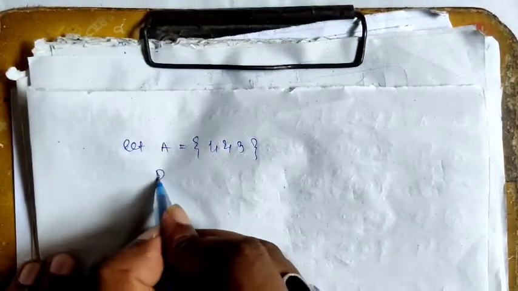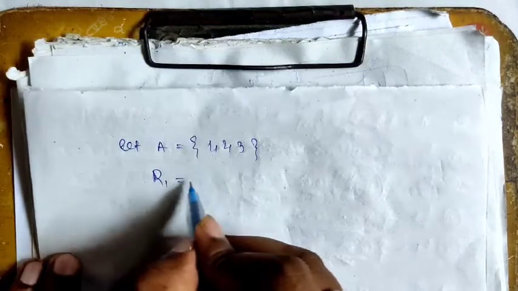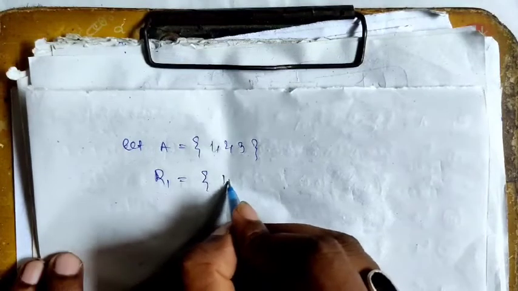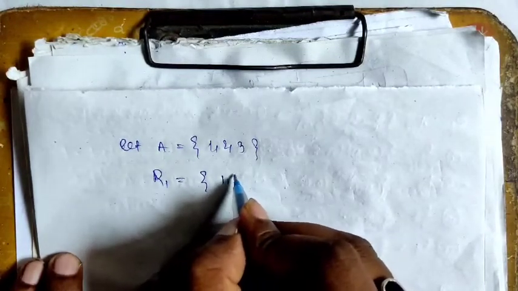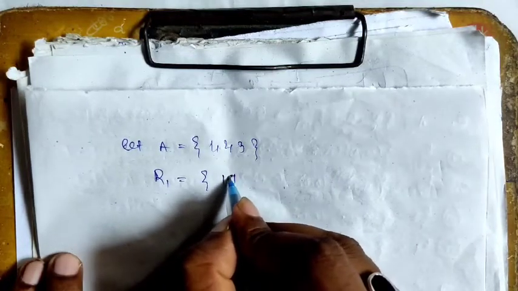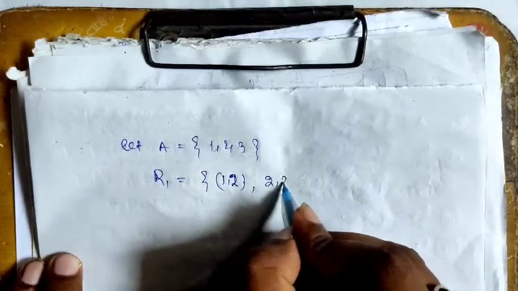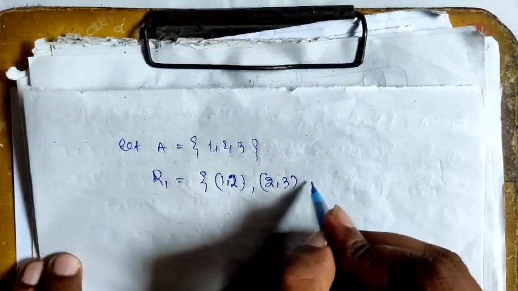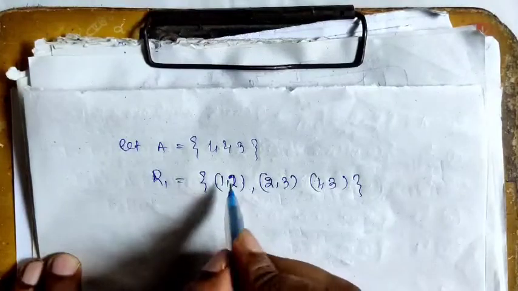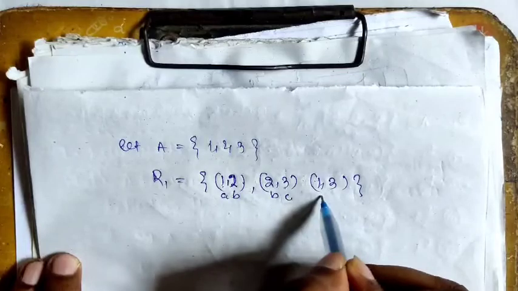So a relation R1 is called transitive if this type of order pair is present: 1, 2, 2, 3 and 1, 3. That means AB, BC and AC.